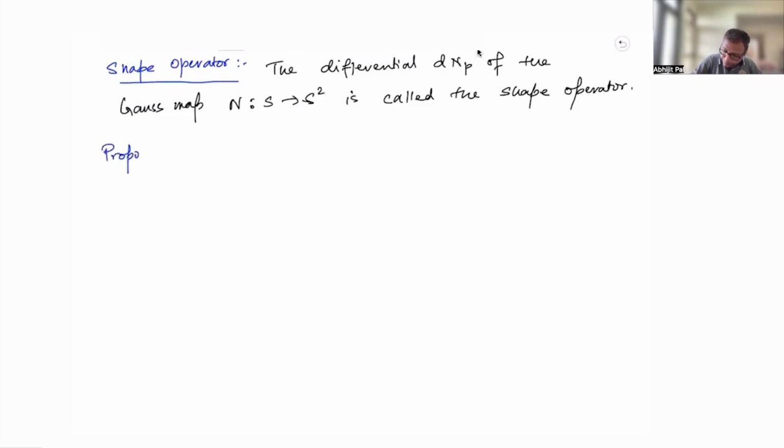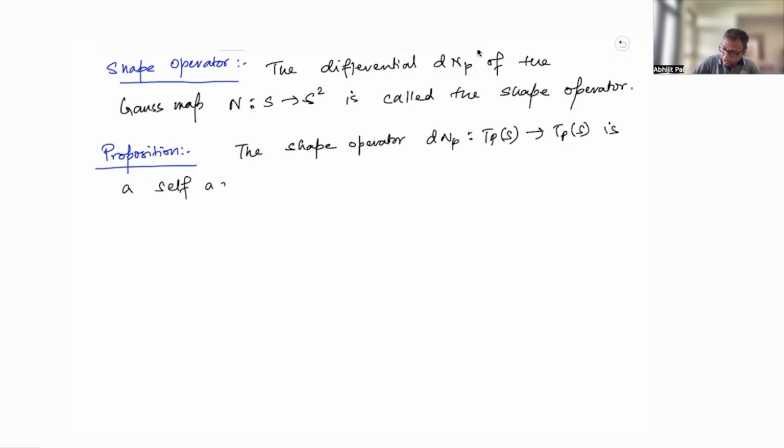Proposition: the shape operator dNP from the tangent space of S at the point P to TPS is a self-adjoint operator.